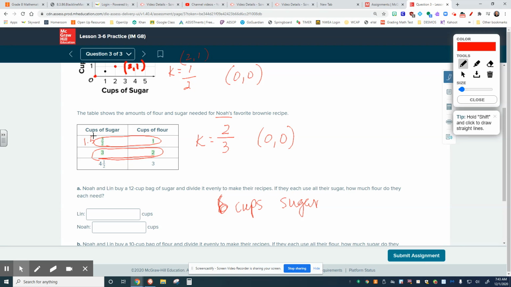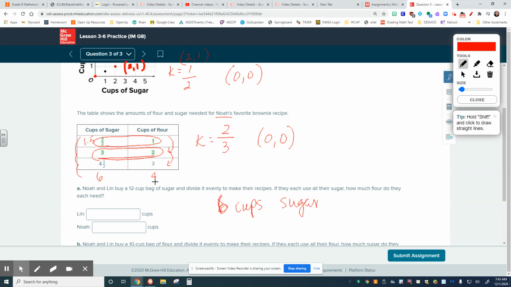Add 1.5, which makes 3. Add 1.5, which makes 4.5. Add 1.5, which makes 6. And we see our constant rate over here is continuing to increase by a rate of 1.5 cups of sugar for every 1 cup of flour, which means that after that next value, I would have 4 cups of flour.